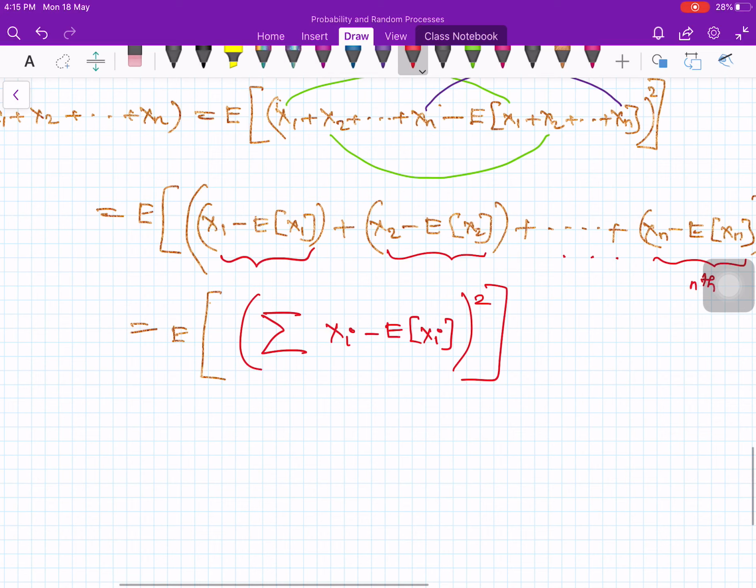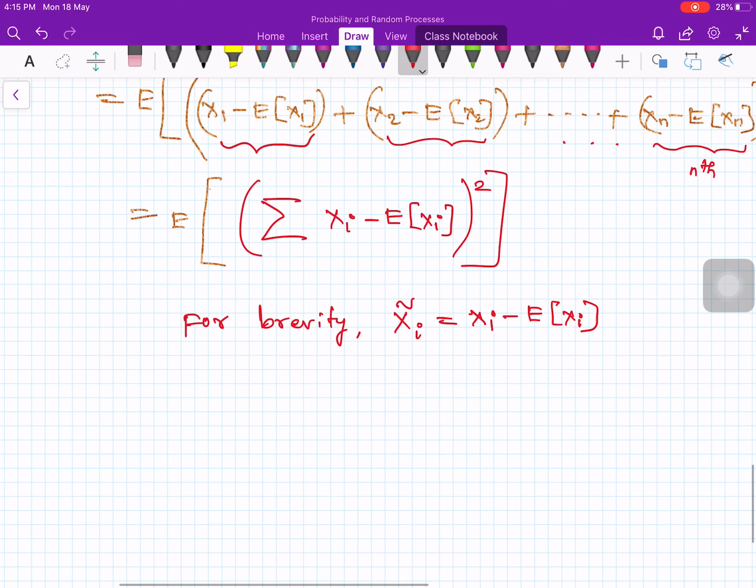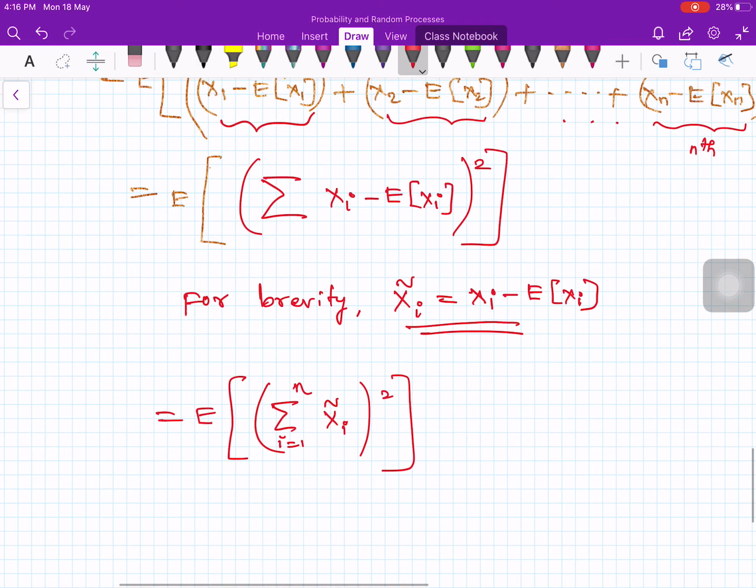For brevity, let us denote xi tilde equal to xi minus E of xi. Therefore it is easy to handle and easy to write. So this is going to be the expected value of sigma i equals 1 to n of xi tilde, whole squared.